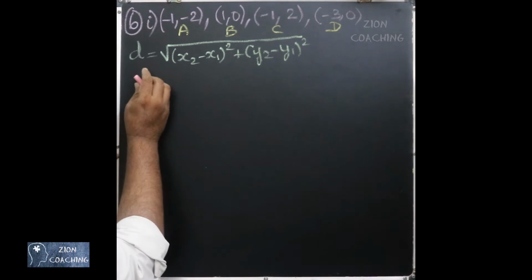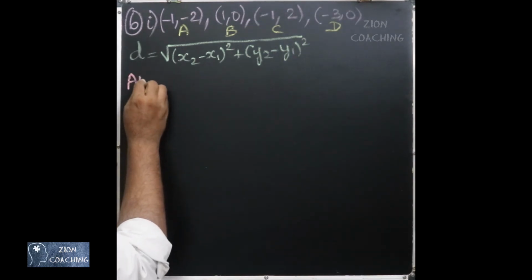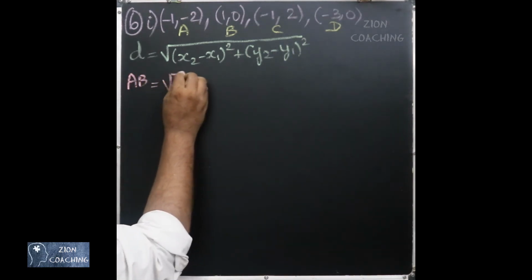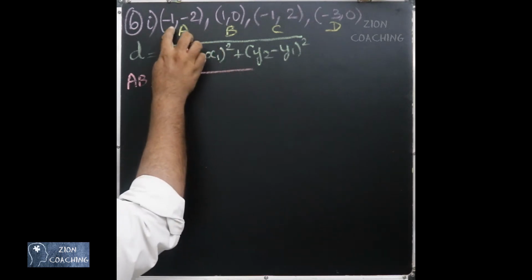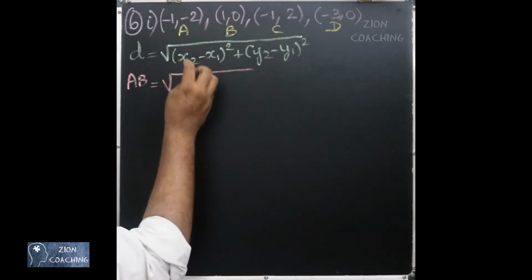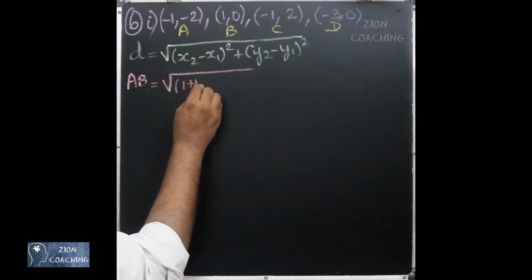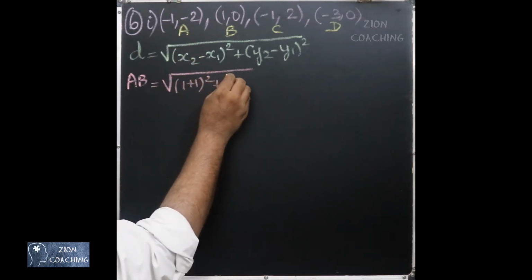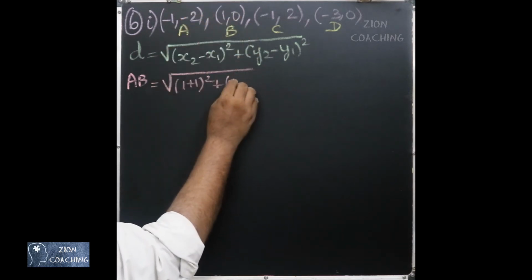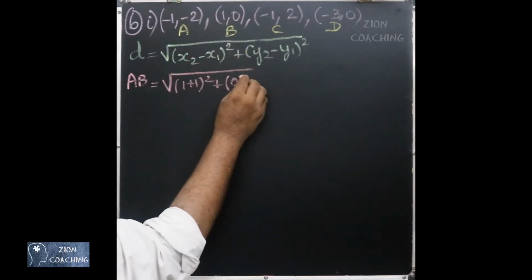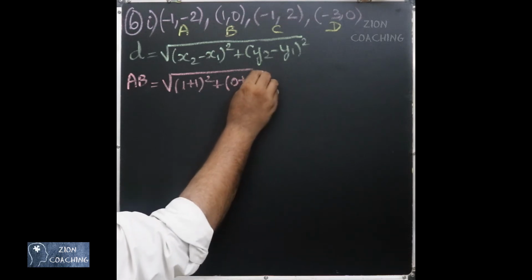First we will start with AB. AB is equal to square root of, this is x1, y1, x2, y2. So we have 1 minus of minus 1, which becomes plus 1, whole square, plus 0 minus of minus 2, which becomes plus 2.